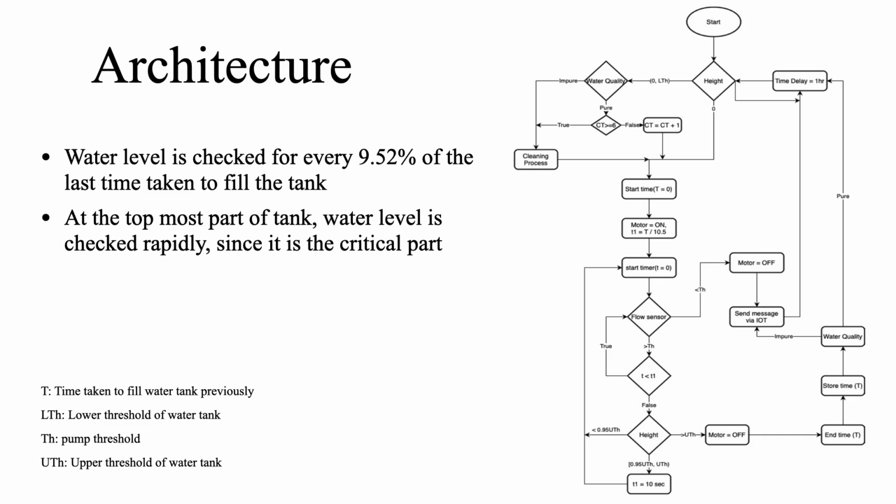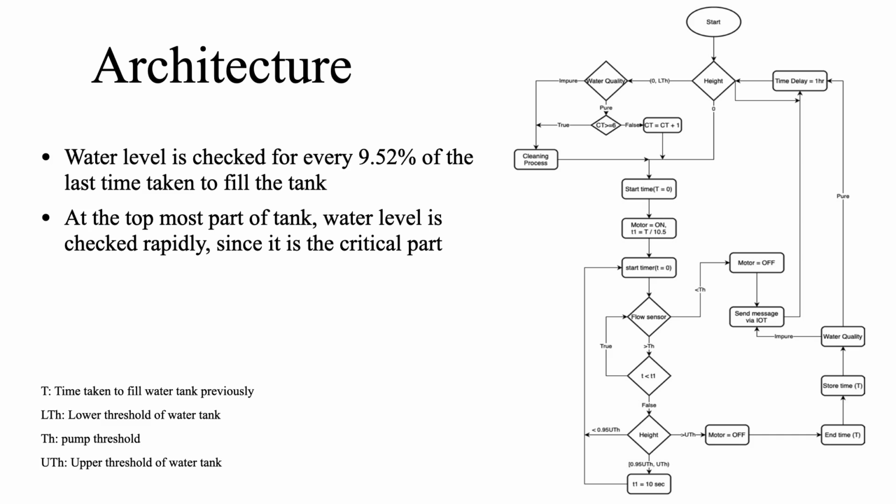After that, we set the variable T1 equals to 10 seconds, because after the tank is filled by 95.2%, this is where the critical section occurs, where we don't want the water to overflow and be wasted. So once the water level is above 95.2%, the T1 variable is set to 10 seconds.